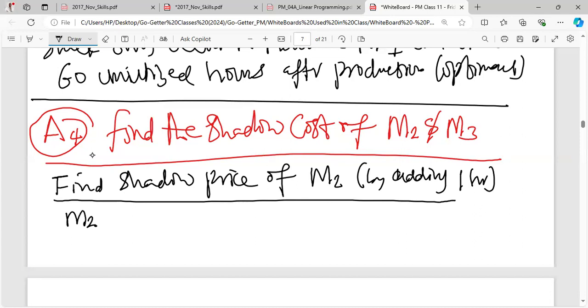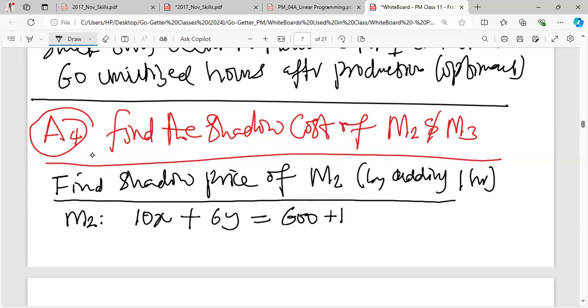Our M2 is 10x plus 6y, which gives us 600. Now, because we are adding 1 to M2, we'll just say plus 1.